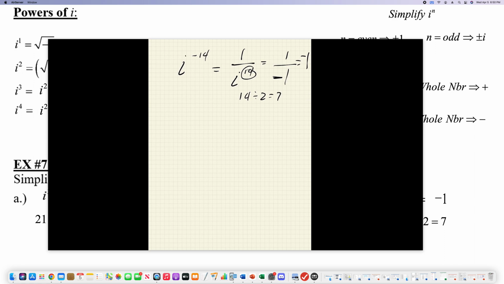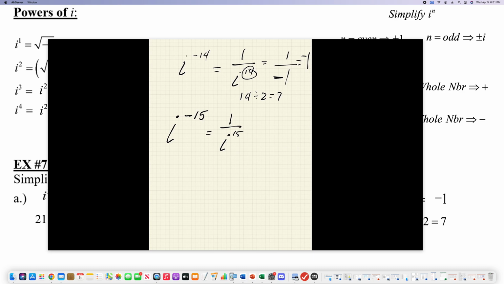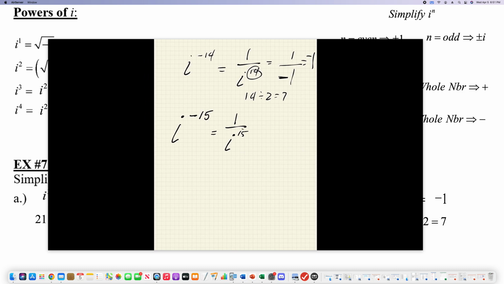However, what if I have i to the negative 15th power? Now that rule doesn't work. Why? Watch what happens. 1 over i to the 15th power. Okay, that's odd. 1 over i. 15 divided by 2, 7.5. 7. It's a negative.